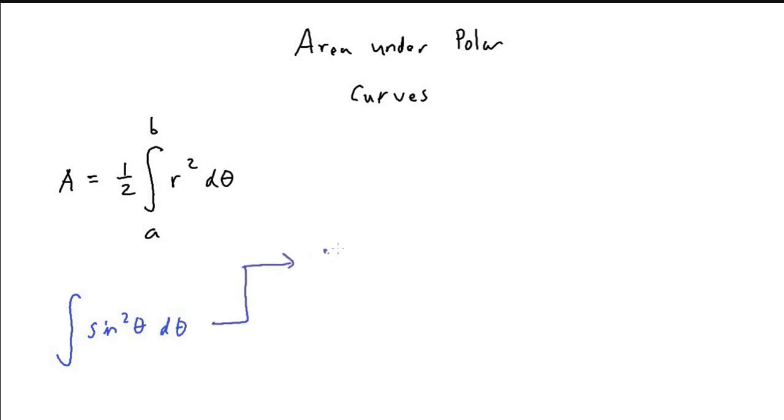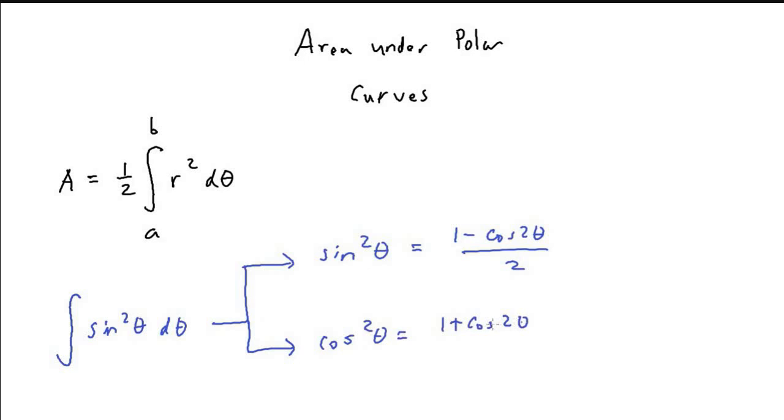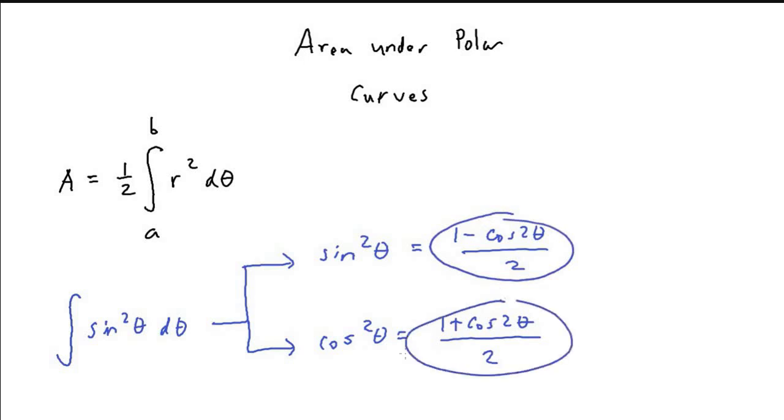So sine squared of theta can be turned into 1 minus cosine of 2 theta over 2, and cosine squared theta can be turned into 1 plus cosine of 2 theta over 2. So once again, the reason why we do this is so that it's easier to integrate, and we put it in this form.